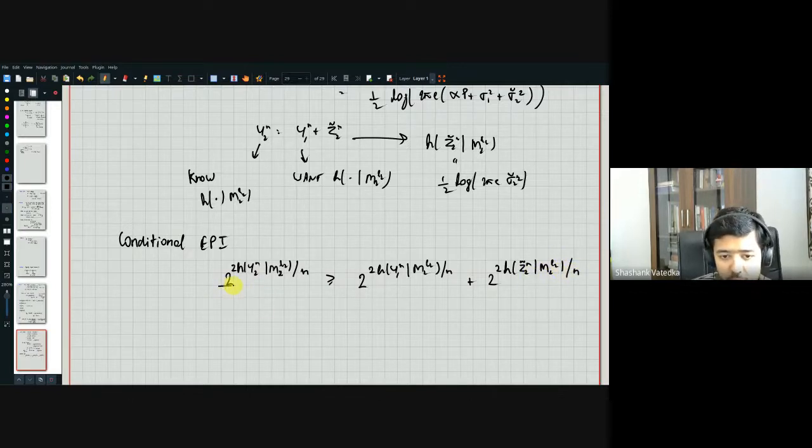Or if you want to look at it in terms of the entropy power, this divided by 2 pi e is greater than or equal to this divided by 2 pi e plus this divided by 2 pi e.